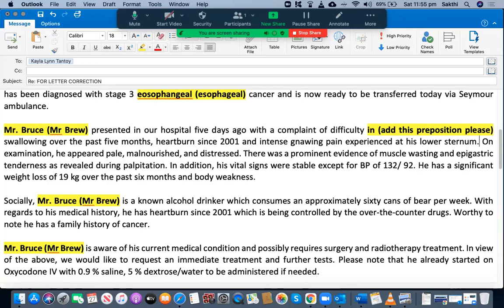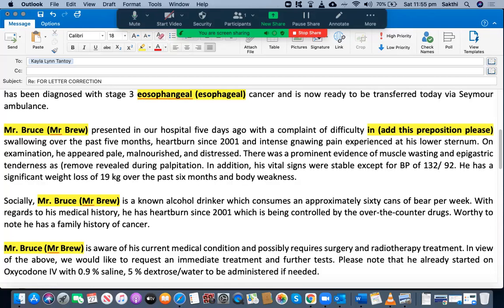So you can say there was a prominent evidence of muscle wasting and epigastric tenderness during palpitation, or you can say there was a prominent evidence of muscle wasting and epigastric tenderness revealed during palpitation. So you can remove this one. Remove as.